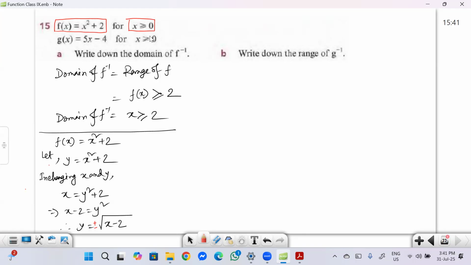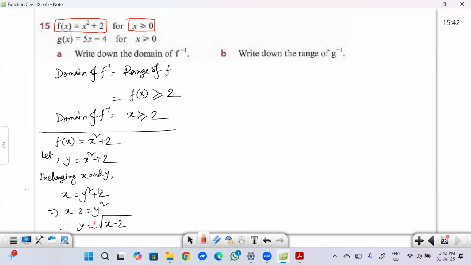So think like this: if x is greater than or equal to 0, then naturally f of x would always be positive. So what will the value of f of x be? It will be positive. Or we can understand it this way: the domain of f of x is x greater than 0, all the positive numbers.